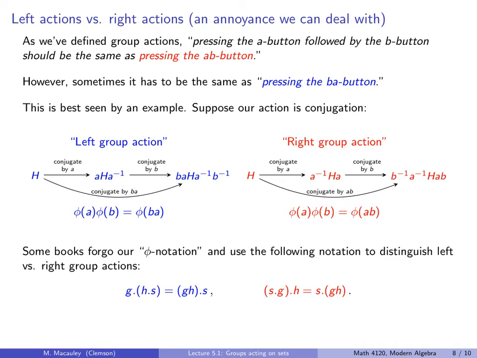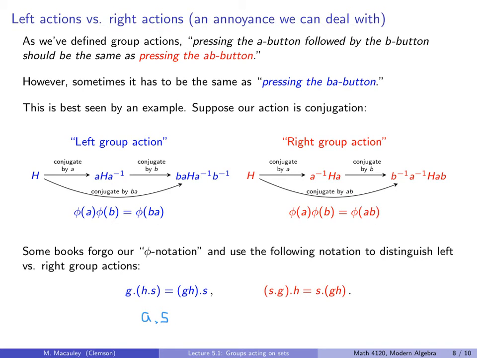So if you have an element S in your set and you apply the action of A, in this case conjugating by A, you can write that as A dot S. So you're applying the action A to the set element S. So this is a group element, that's a set element.